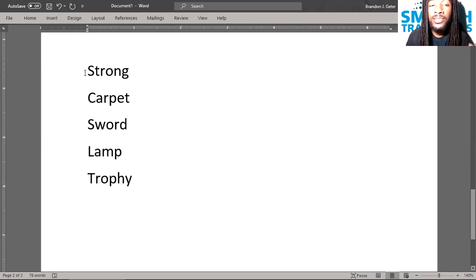My first sentence is going to start by talking about strong and end talking about carpet. My second sentence is going to start talking about carpet and end talking about a sword. My third sentence is going to start talking about a sword and end talking about a lamp. And my fourth sentence is going to start talking about a lamp and end talking about a trophy. So I'm going to try to do this real quick, and you can follow along and create a transition paragraph yourself if you like.